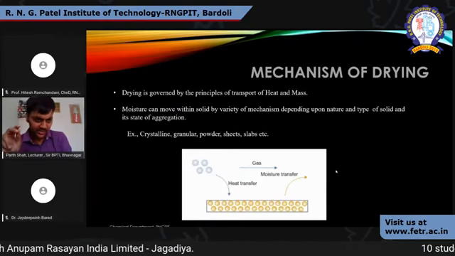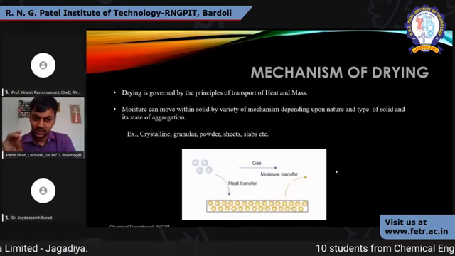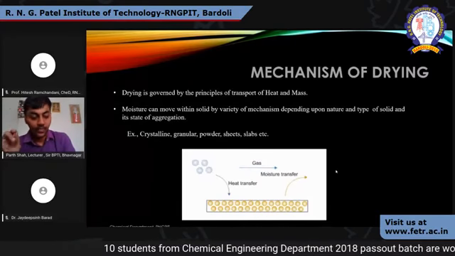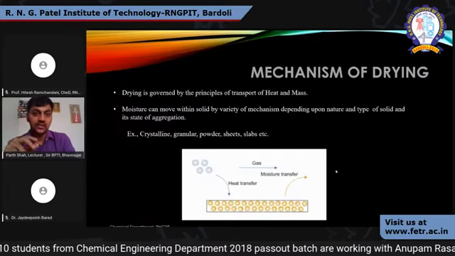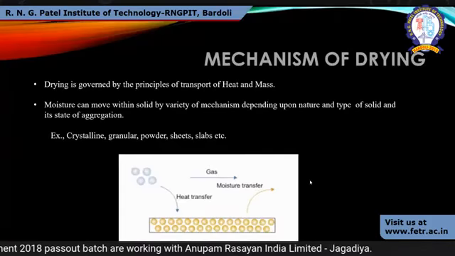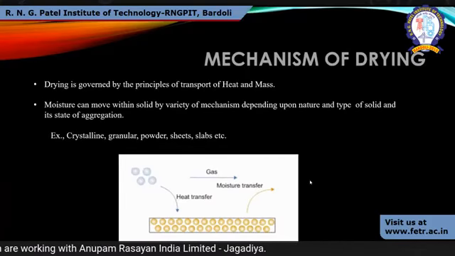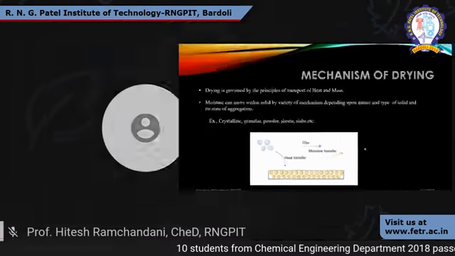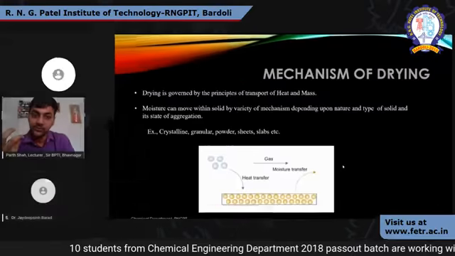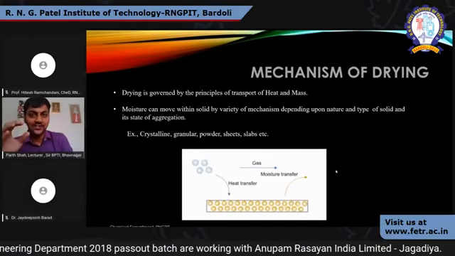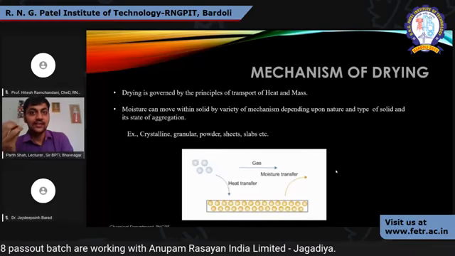The second point I have written is that moisture can be removed from within a solid by a variety of mechanisms. We cannot say that there is only one type of solid. There is crystalline solid, like sugar crystals. There are granules, which are bigger particles. There is powdery material. There are sheets and slabs. Everything is solid, and we need to dry that solid.